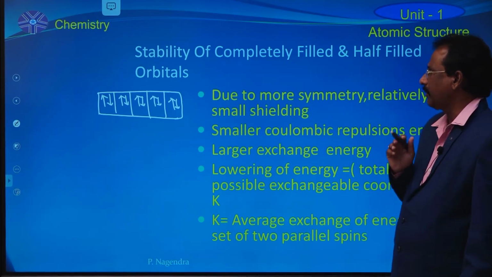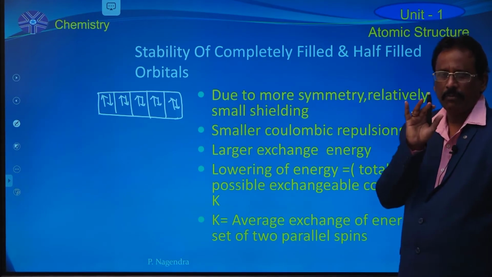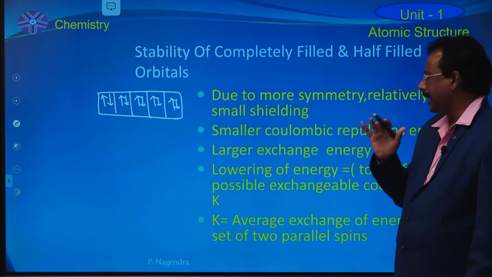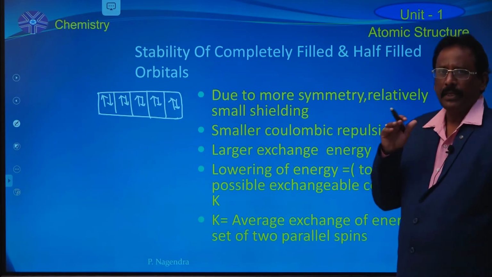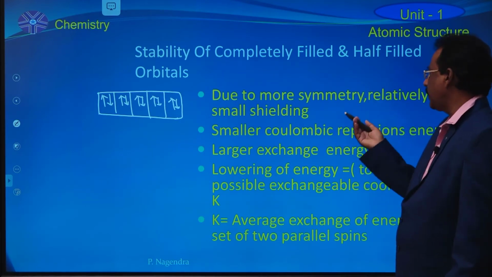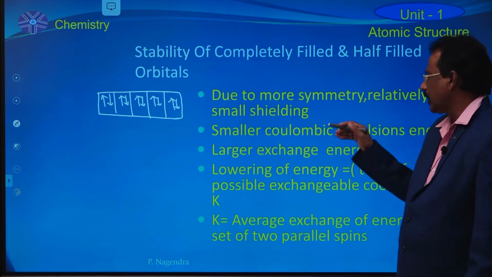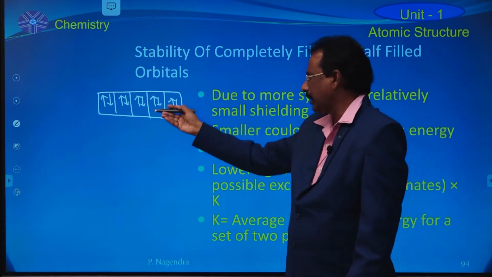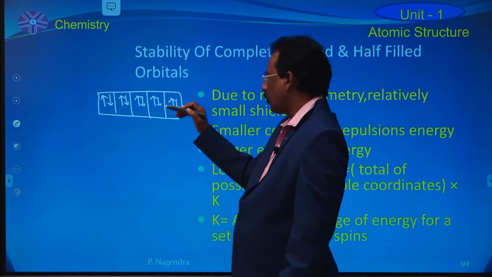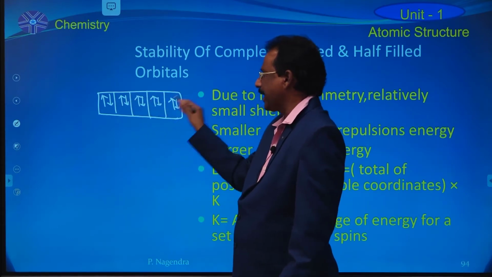So a very important point is, half filled or completely filled orbitals are more stable than incompletely filled orbitals due to more symmetry. Due to more symmetry, they possess relatively small shielding and smaller Coulombic repulsions, because out of 10 electrons, 5 are in clockwise and the remaining 5 are in anti-clockwise.